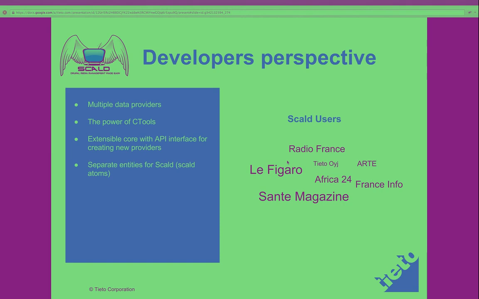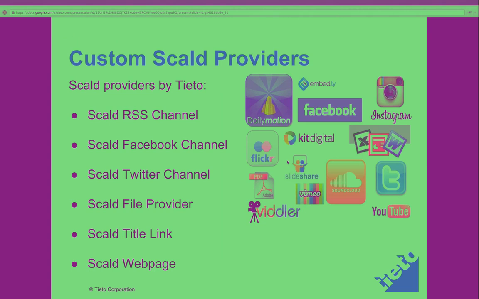And then we have these multiple data providers here, so this is one of the good things. There's a lot of providers available, and more are coming all the time. So here's a bunch of what is available already. YouTube, Twitter, SoundCloud, Instagram, Facebook, all the basic stuff.